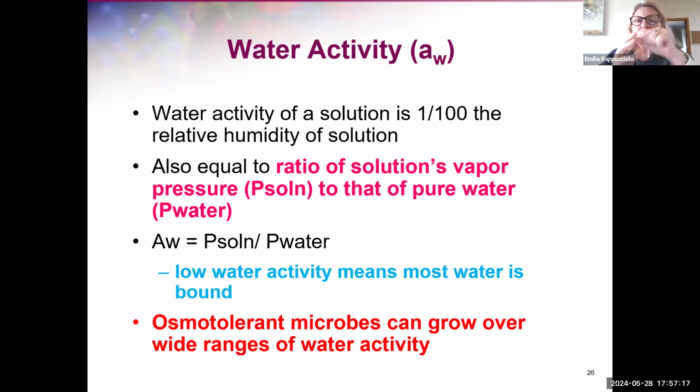You remember how solutes, when they are put in solution, like sodium chloride, the sodium and the chloride are separated because the two ions are surrounded by a shell of water. So if you have a lot of solute, the water is busy keeping the solute in solution, and so you have a low concentration of water that is free to move.